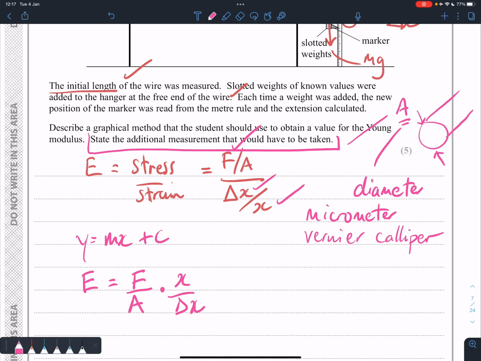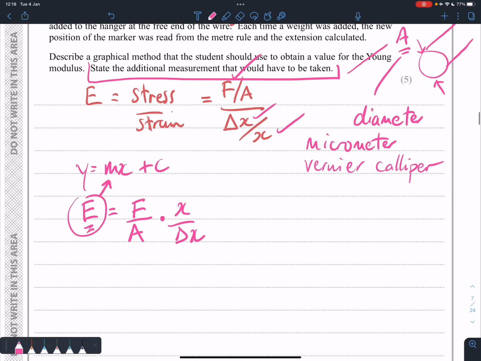That should be enough for you to plot a couple of different things and work out how to get this. You really want the graphical method to give you E as the gradient. So you want to rearrange that equation so you can get E as a gradient, which you should be able to do.